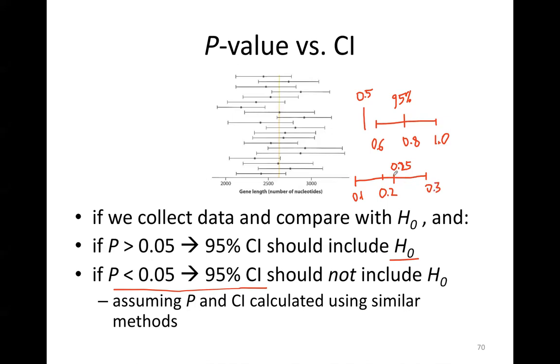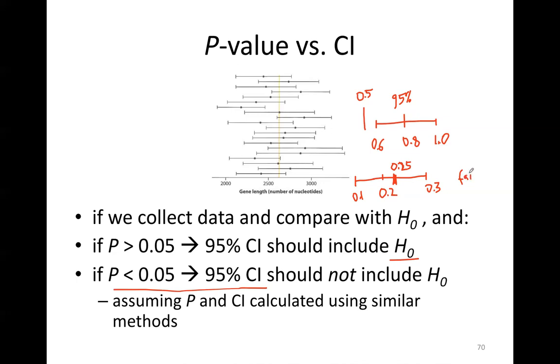This would be the confidence interval describing where the population mean might lie. If the null hypothesis lies within that range, we cannot reject the null hypothesis. We fail to reject.